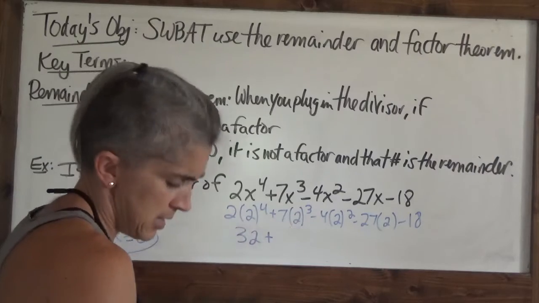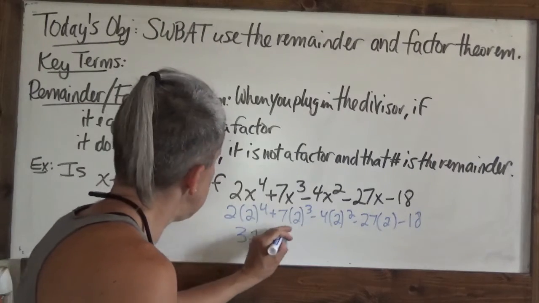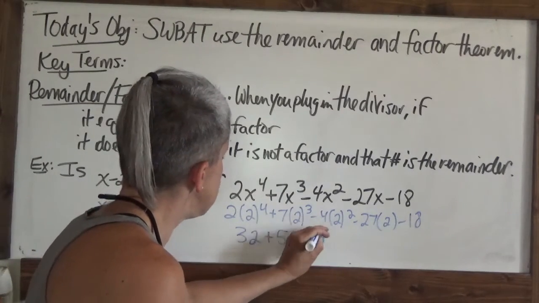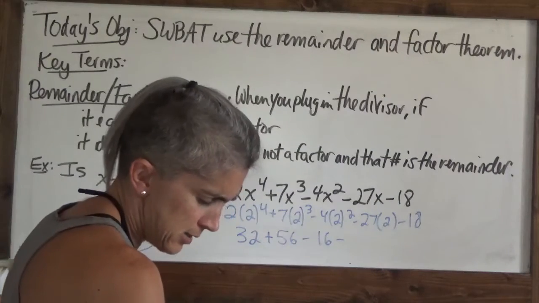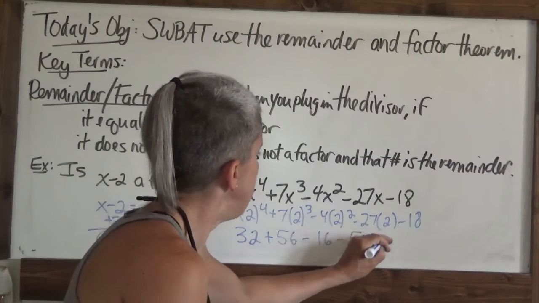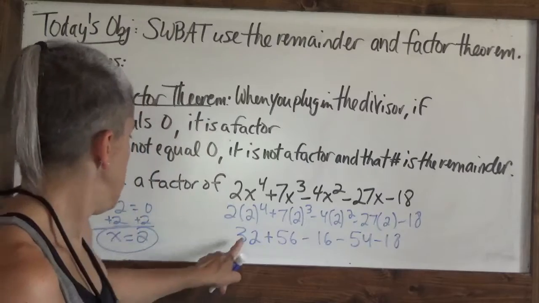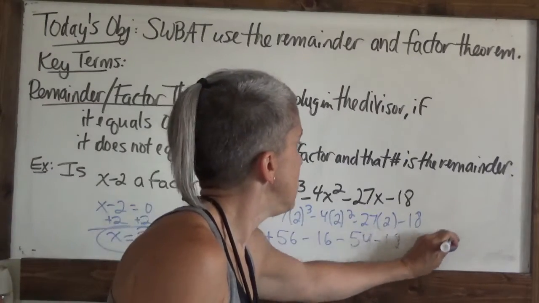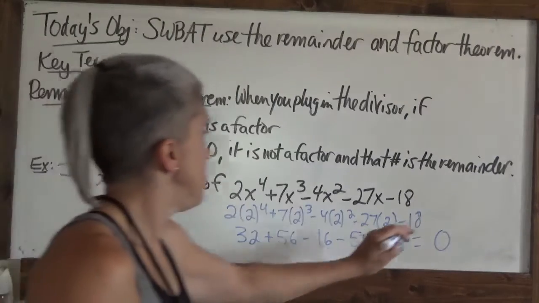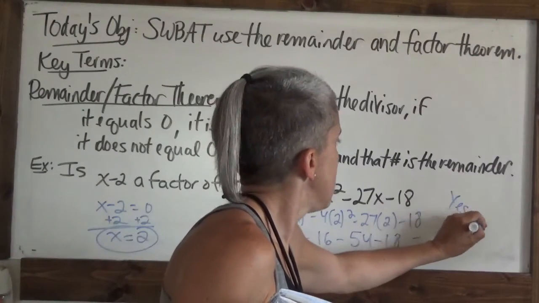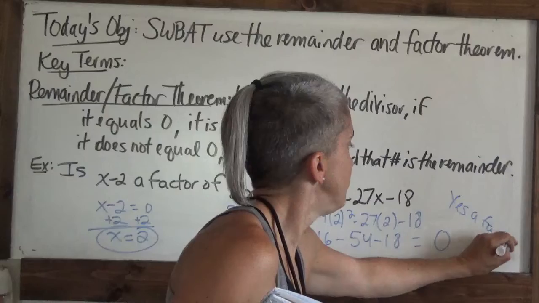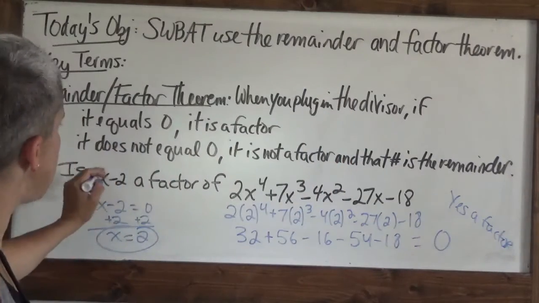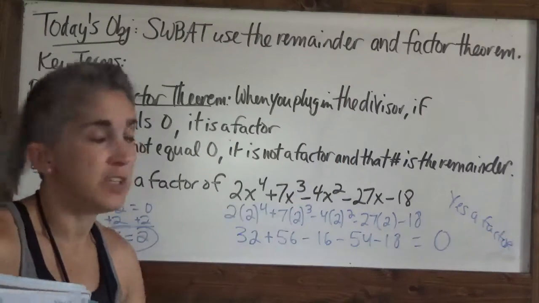Plus 56, minus 16, minus 54, minus 18. I'm just going to add and subtract as they come using the calculator, and the answer is 0. That means yes, a factor. So x minus 2 is definitely a factor of this big polynomial.